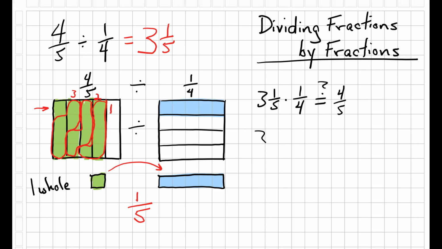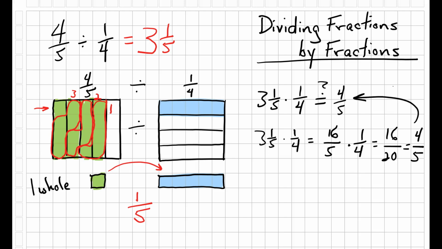So 3 and 1/5 times 1/4, that's going to be, 3 times 5 is 15, plus 1 is 16, so that's 16/5 times 1/4. 16 times 1 is 16, 5 times 4 is 20, and I see that I can divide out a 4 from both my numerator and my denominator. So 16 divided by 4 is 4, 20 divided by 4 is 5, and yes, I've done my division correctly.